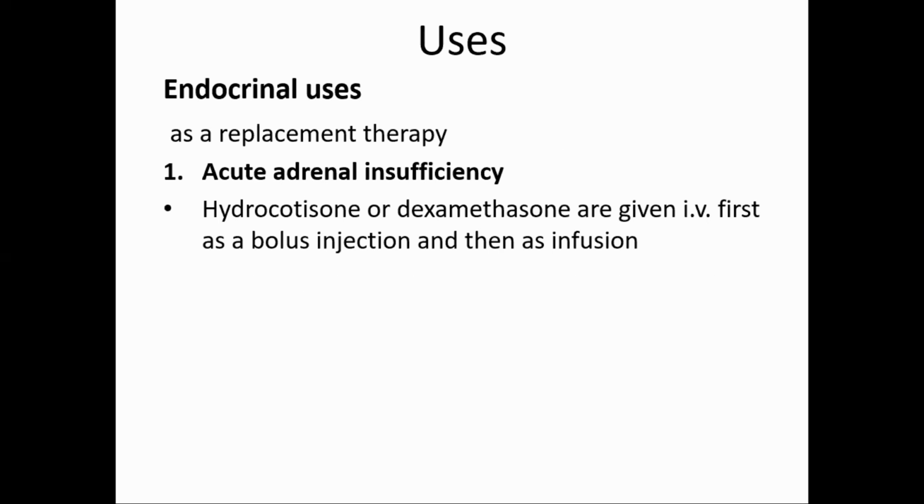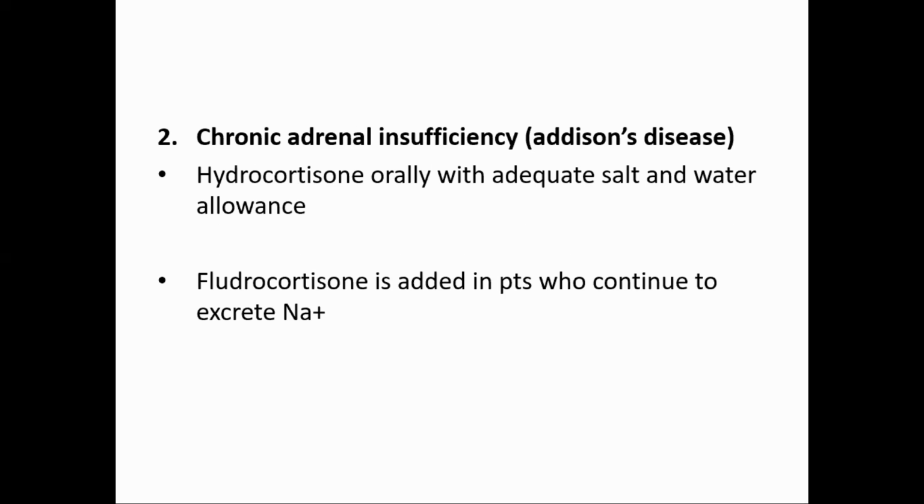Whereas in acute adrenal insufficiency hydrocortisone is given in IV form, in chronic adrenal insufficiency it is given in oral form. We should ensure the patient has adequate salt and water intake. Similarly, fludrocortisone, which is a mineralocorticoid, is added in patients who continue to excrete an excess amount of sodium.